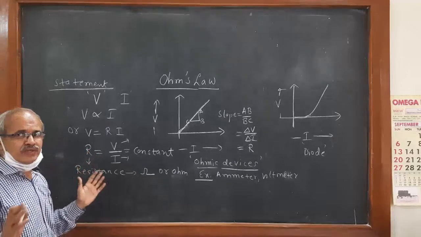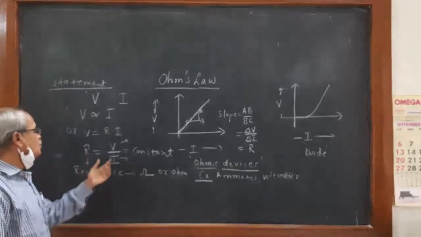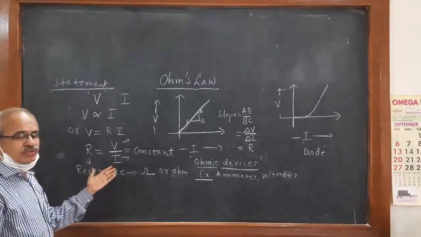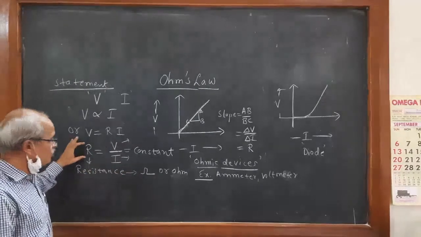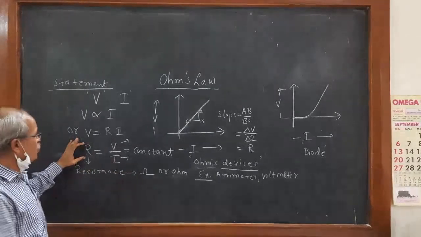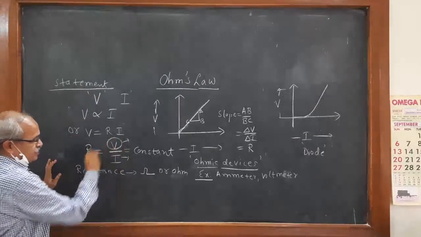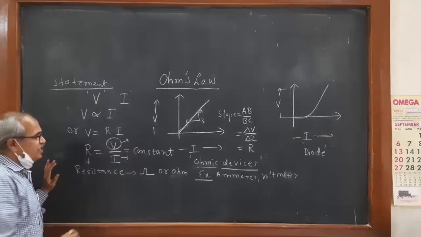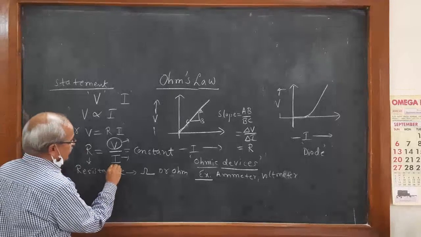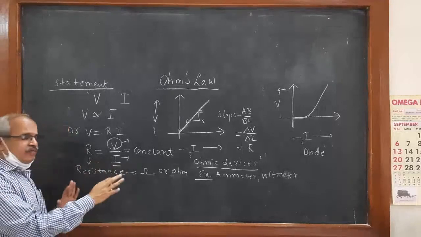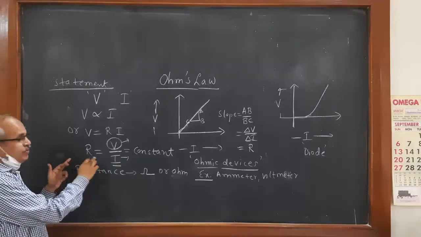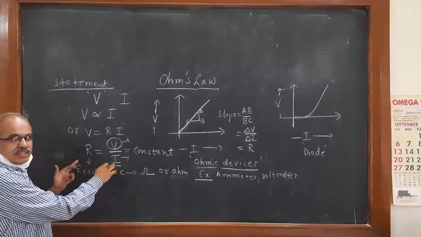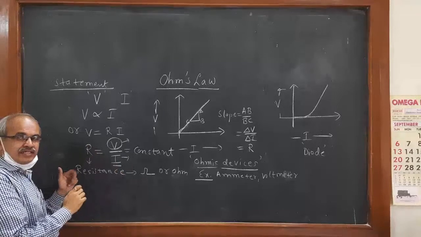Once you want to design the circuit, you must know what is to be reduced if resistance is to be increased. Suppose for constant voltage you have to change the current. If you increase the current, resistance decreases.